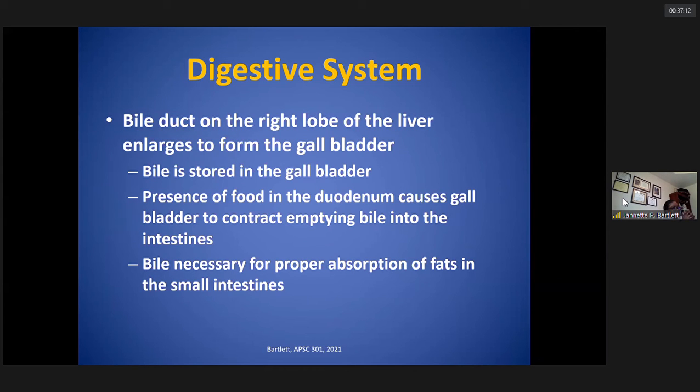Any questions about the bile, where it is secreted, where it's stored, the purpose of it? Do chickens have a problem with the gallbladder bursting like humans do? You mean while they're alive? Actually, I've never heard of that. I know that sometimes when we are slaughtering, we make a mistake.